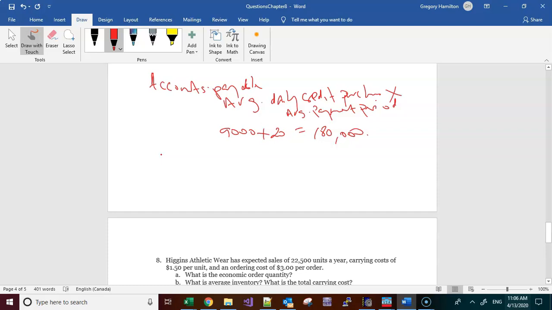His net credit position would be accounts receivable minus accounts payable, right?